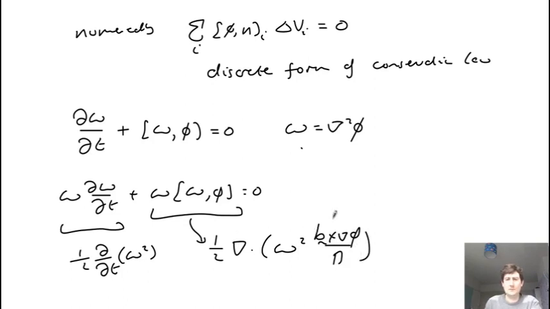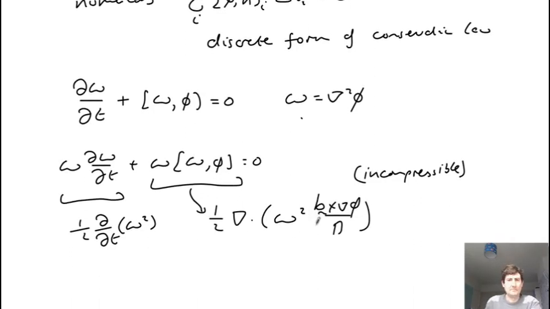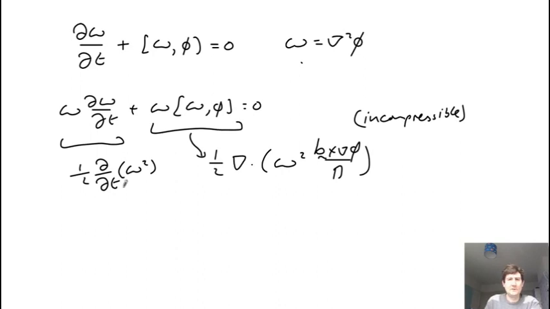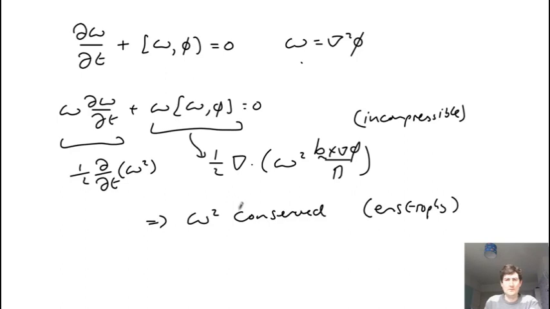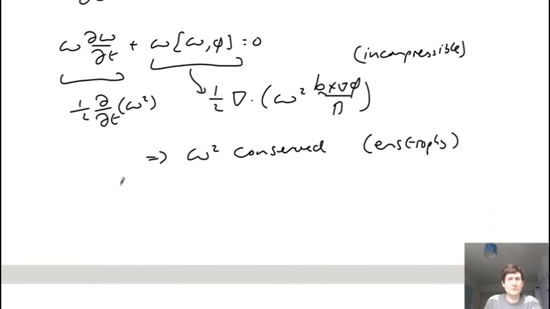So we have here the divergence of flow, and again this is incompressible, so I assume that the compression of this term is 0. And so here this just says that again omega squared is also a conserved quantity. This is an equation just like the one for the density.